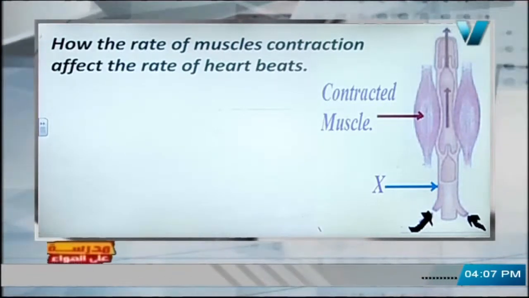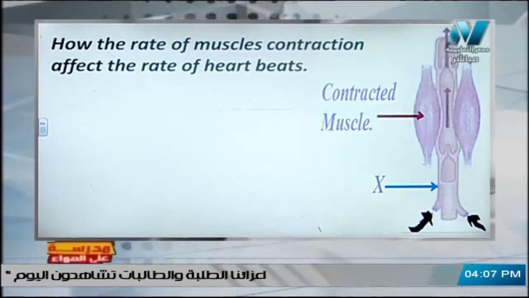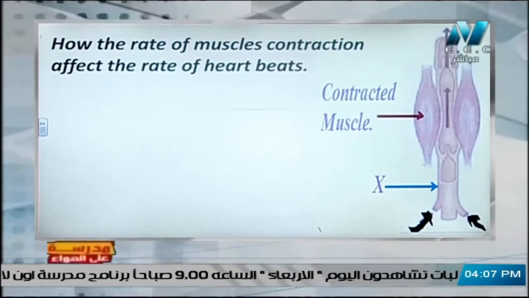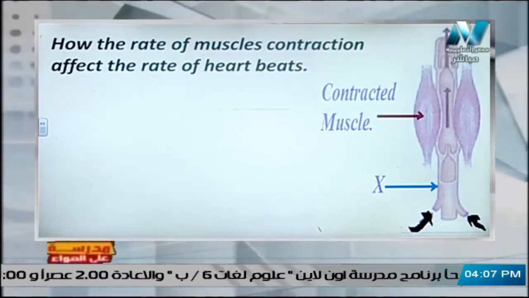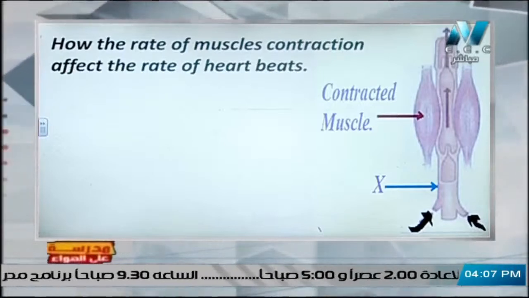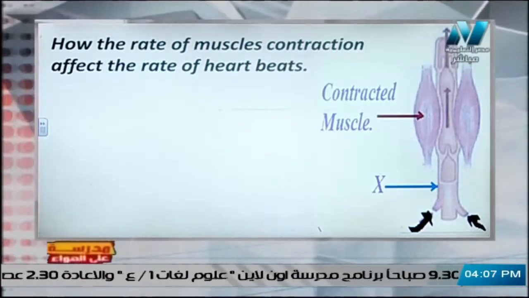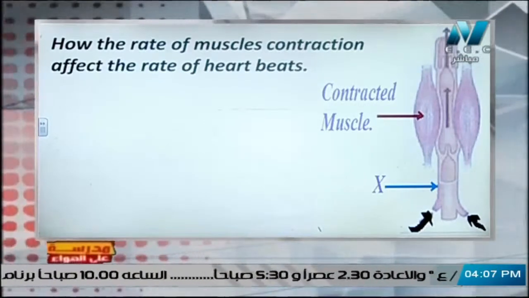As we see, we have arrows in the lower side of the vessel. At the same time, we can see a valve in this vessel and the direction of blood is upward. So are we talking about a vein or an artery? We talk about a vein. In this case, we have to know how the rate of muscle contraction affects the rate of heartbeats.